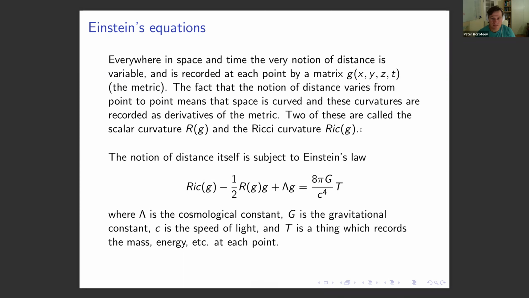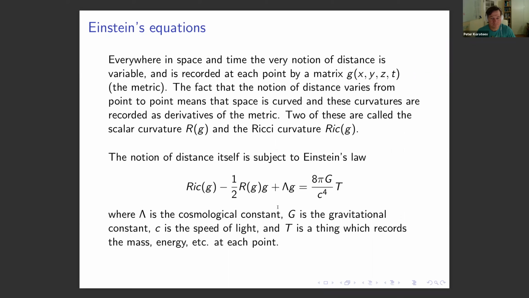And there's an equation. Obviously it goes beyond the scope of this course to explain all the details, but in a nutshell, on the left-hand side, there's a tensor. Think of it as a matrix. A tensor is basically a matrix which depends on coordinates, which transforms in a certain way when you make changes of those coordinates.